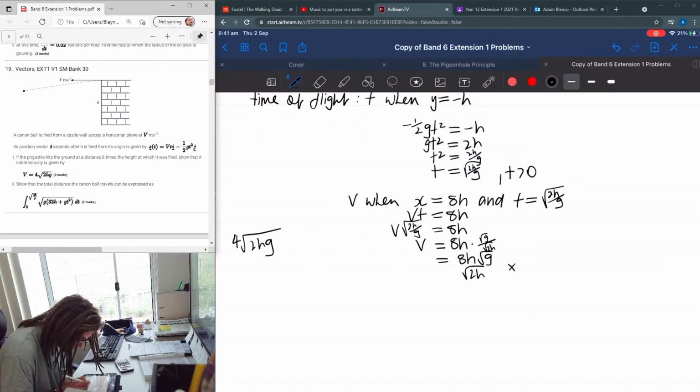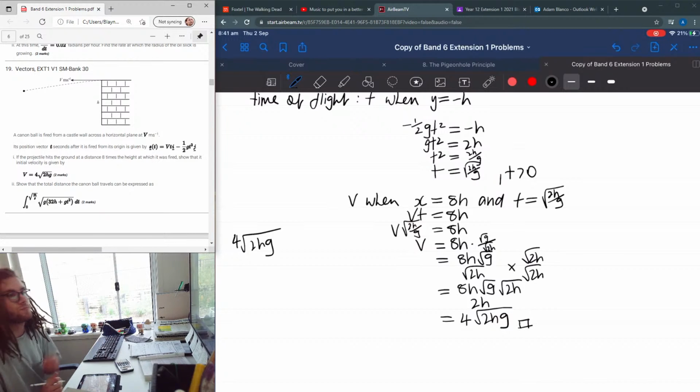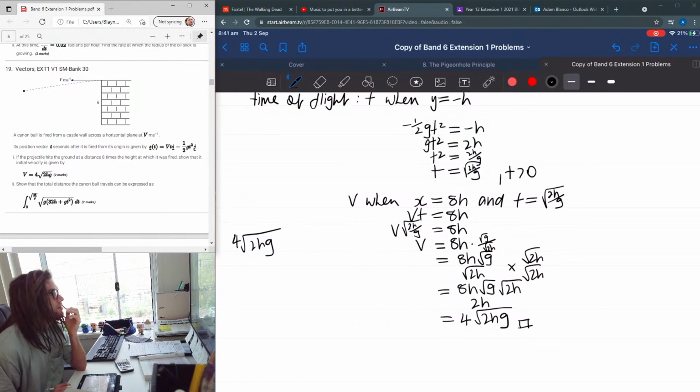Let's rationalize the denominator, because this doesn't have a denominator. That's going to be 8hg root 2h over root 2h squared, which is going to be 2h. So then this is 4, the h's go, root 2hg, as required. Yeah, that makes so much sense. I didn't think of that.